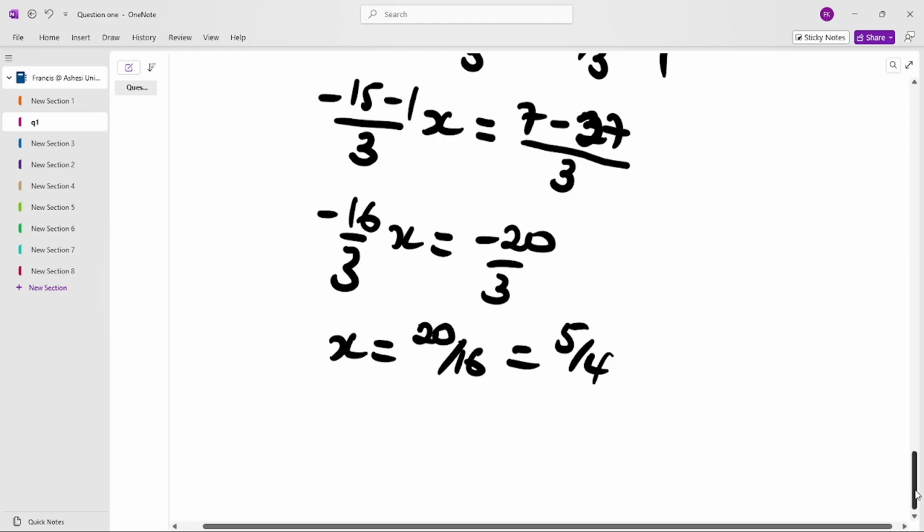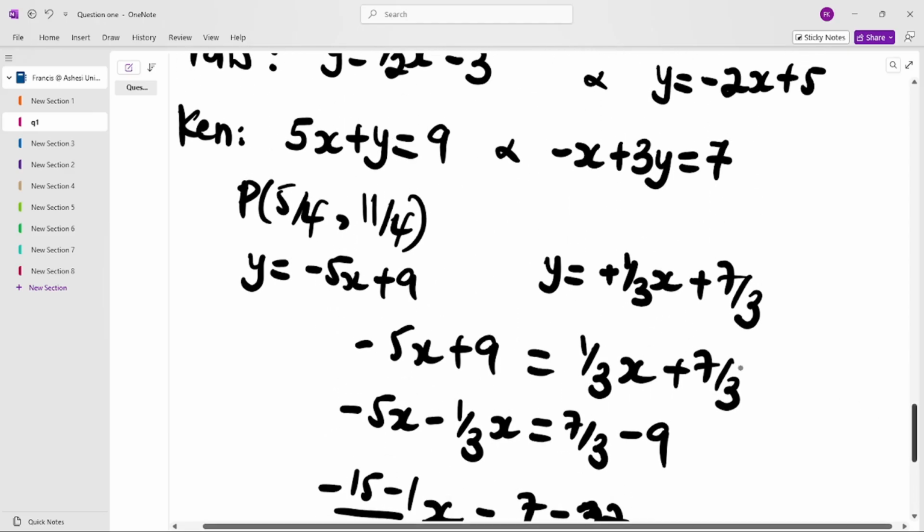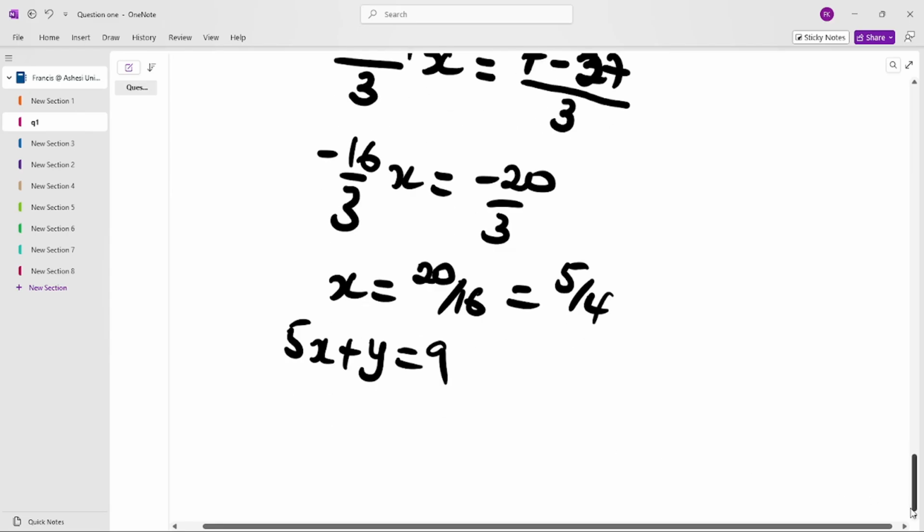Let me put it into one of the equations. So 5x plus y equals 9. If I put in the value for x, I'll have 5 multiplying 5 over 4 plus y equals 9.